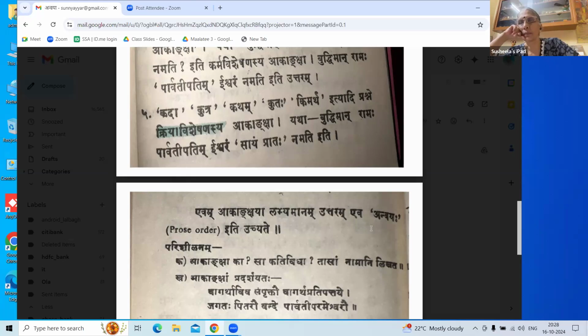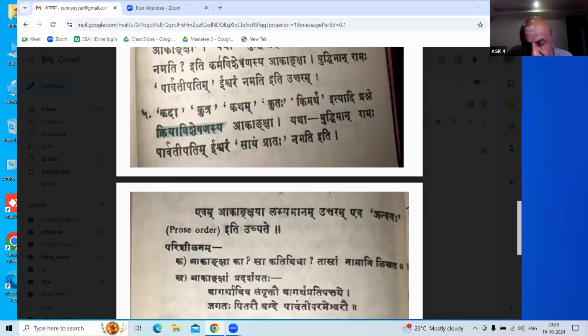Yes, very simple. So the output obtained by this kind of analysis, akanksha, is called prose order. It's called anvaya. Uttarameva anvayaha iti uchyate.